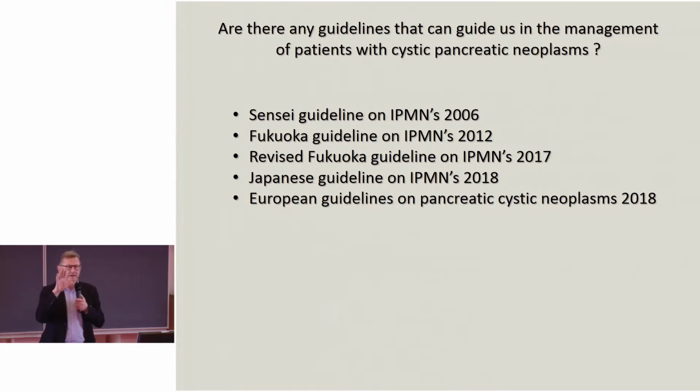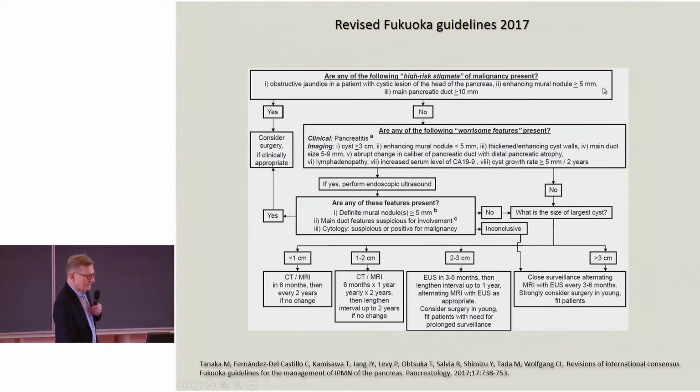Note that the former guidelines were all on IPMN and not on general cystic tumors, whereas the last European guideline is on cystic pancreatic neoplasms in general, but they also go into detail on IPMNs, of course.